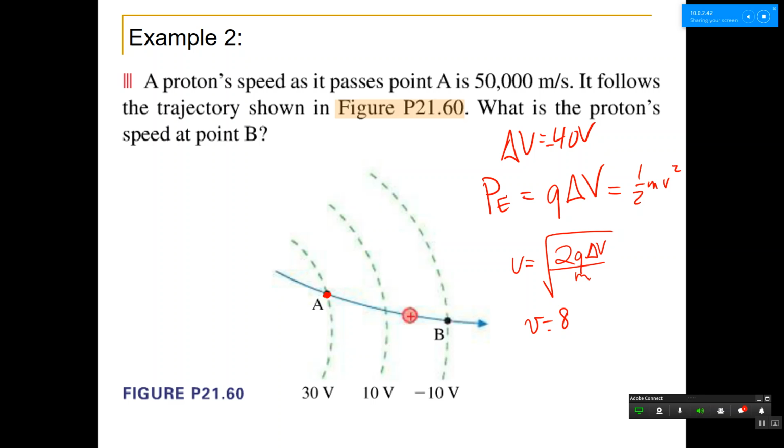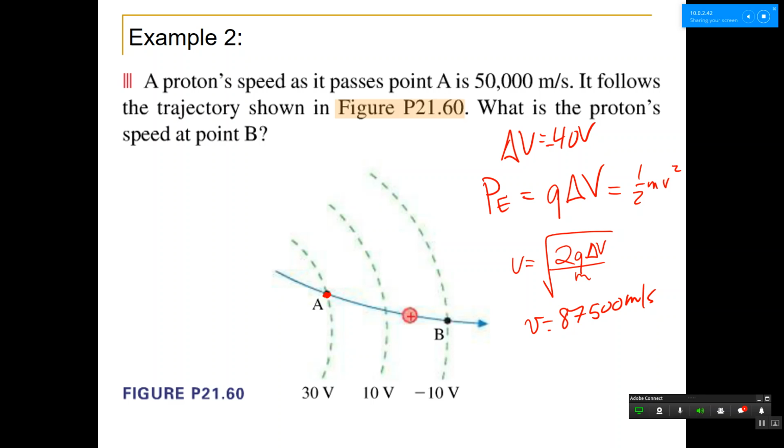Because what you found was the change in velocity. What is your answer? 8.75 times ten to the something. Yeah, that's your change in velocity. Just add that to your initial velocity. All right, so I should have gotten 87,500 and change meters per second. That's my change in velocity.